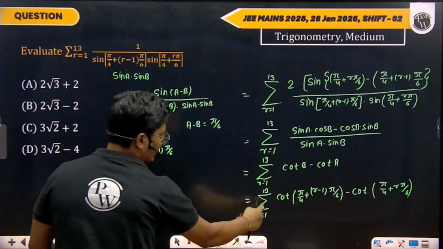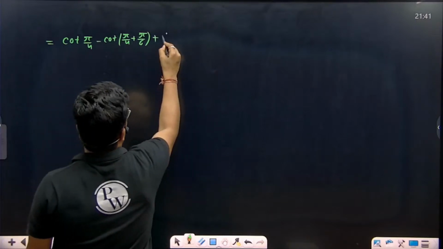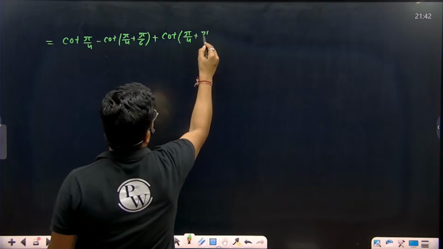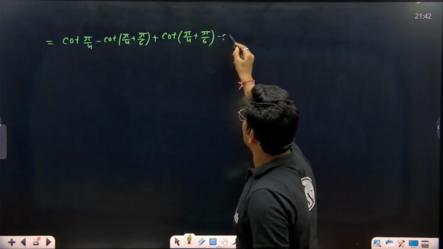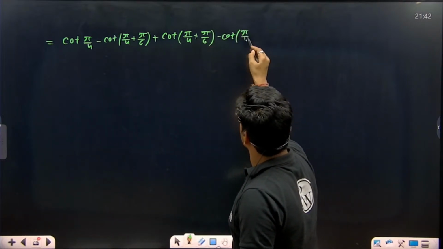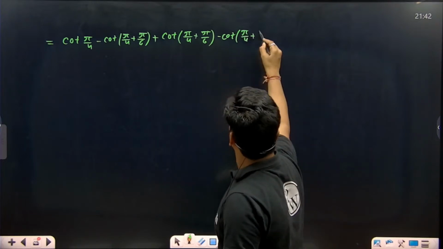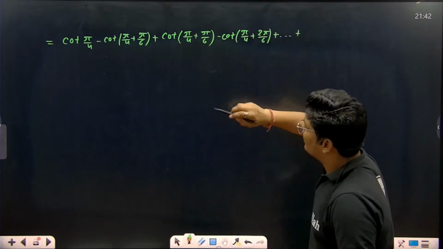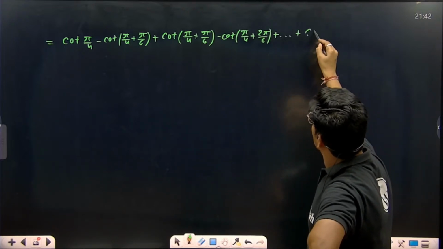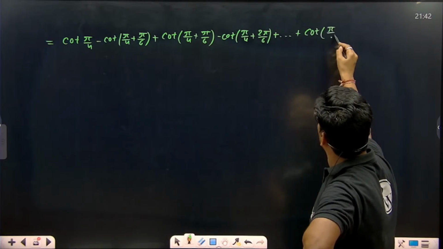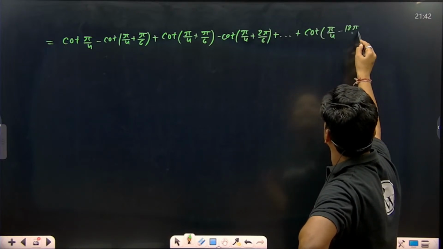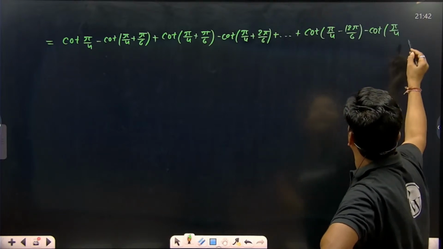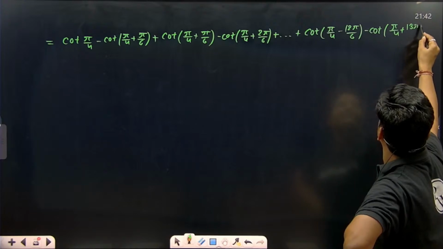Now for r equals to 2, we will get cot of pi by 4 plus pi by 6, minus cot of pi by 4 plus 2 pi by 6, and we will continue so, and for the value of r equals to 30, this will become cot of pi by 4 plus 12 pi by 6 minus cot of pi by 4 plus 13 pi by 6.